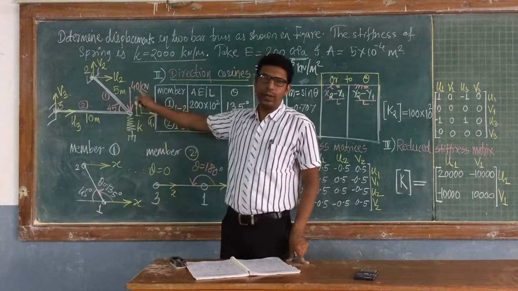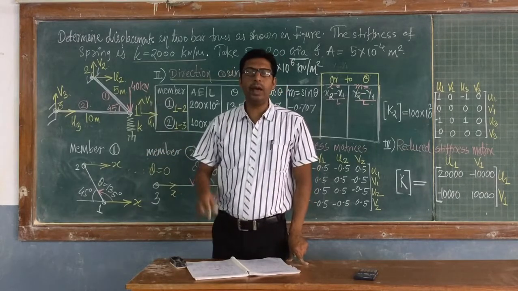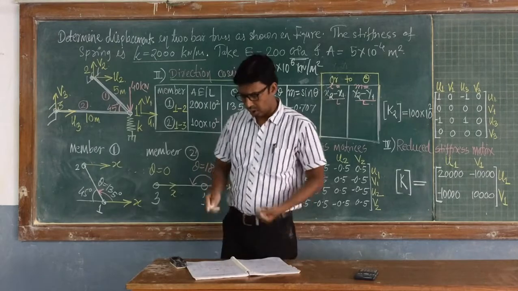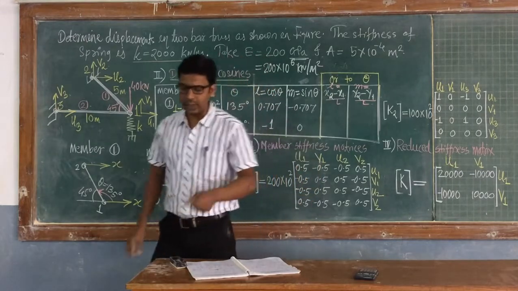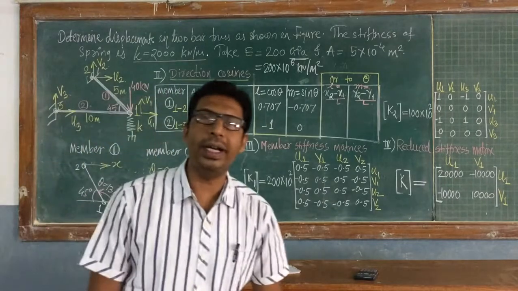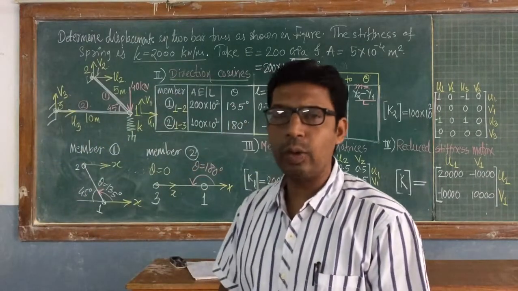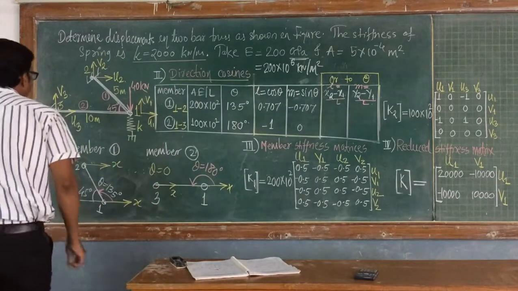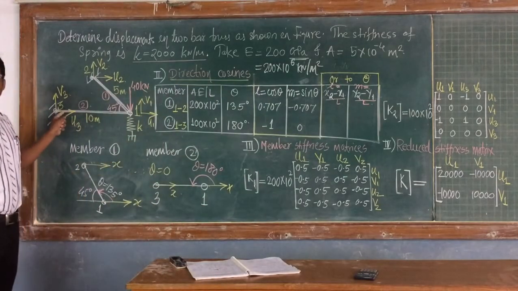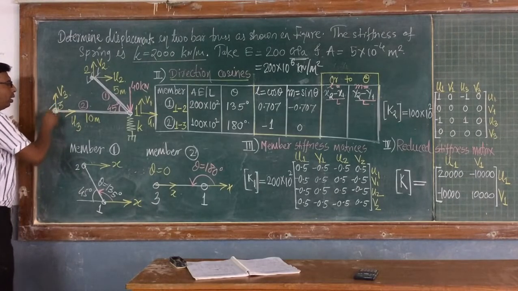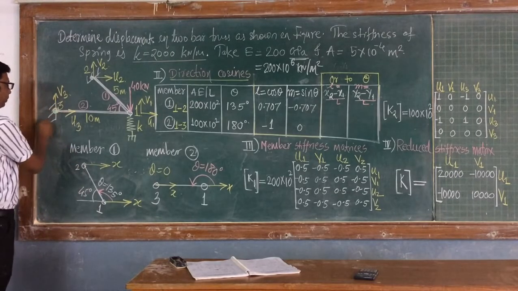Now if you look at the given truss, here we have to assume the origin. First we have to assume the global coordinate system, that is the xy coordinate system. So if you assume joint number 3 as the first origin, this is the origin.